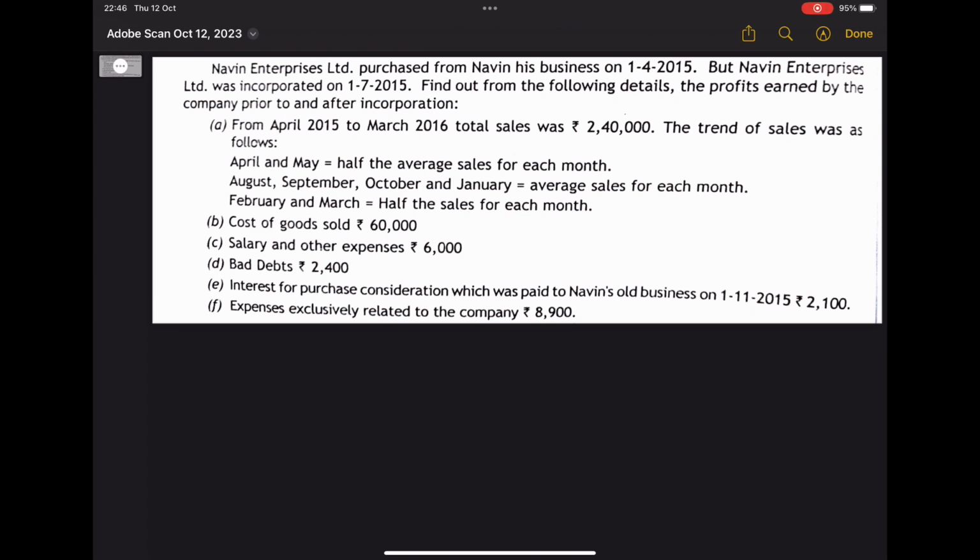Next, expenditures exclusively related to the company, which means after incorporation the company incurred certain expenses. So this is also fully related to the post-incorporation period. Got it? So this is regarding the question.